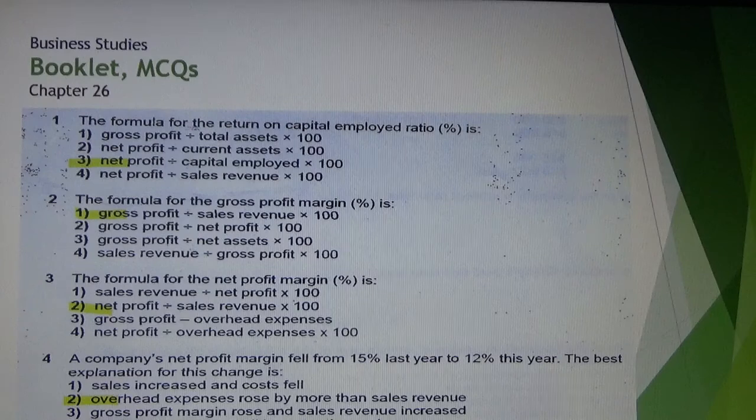Number 5, the next slide, for questions 4, 5, and 6, we have to refer to this data in the document from Spice Company Limited ending March 31st, 2013. For question number 4, the gross profit margin was 33.3%, and the net profit margin was 10%.